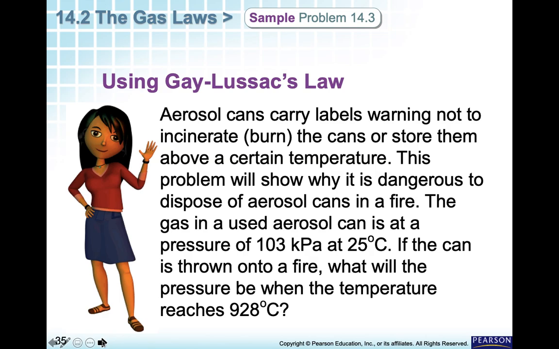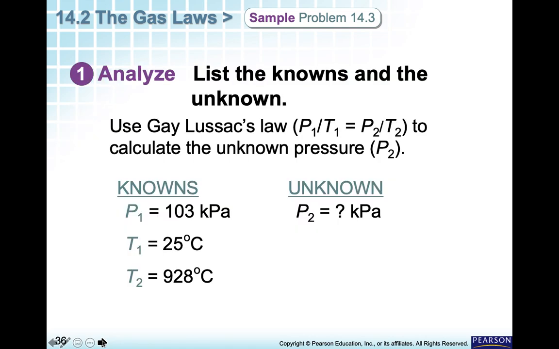If the can is thrown into a fire, what will happen when the can reaches a temperature of 928 Celsius? And again, we have to convert first these temperatures to Kelvin, and we can leave kilopascals as kilopascals. It doesn't matter what unit you use other than temperatures. The only one you have to use Kelvin for.